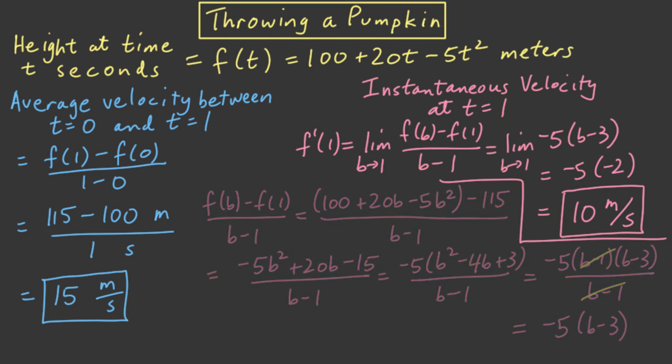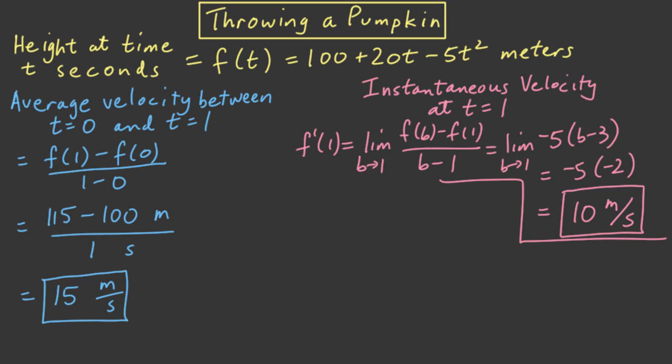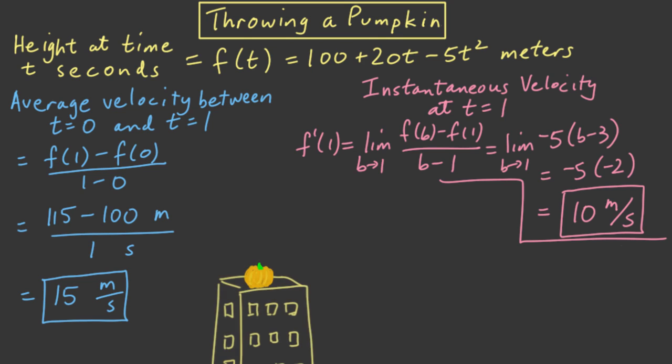Let's take a moment and think about why this answer is different from the 15 meters per second that we got for the average velocity. The average velocity is referring to a time interval from t equals 0 to t equals 1. And what happens during that time is, well, at t equals 0, that's when we throw the pumpkin. So it's starting with an initial upward velocity, and I'll use this arrow to denote that.